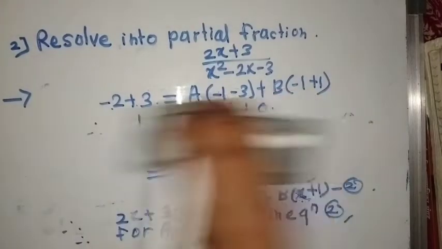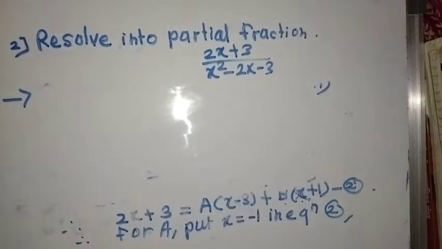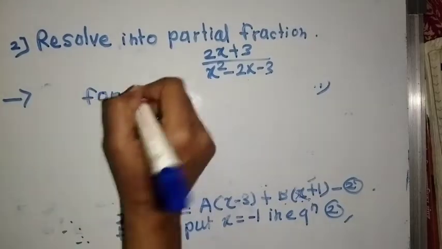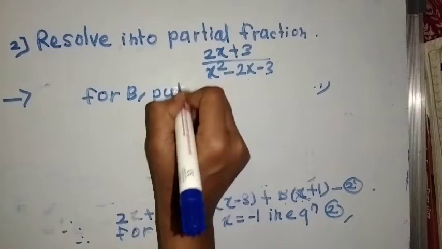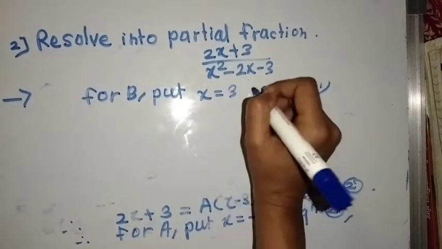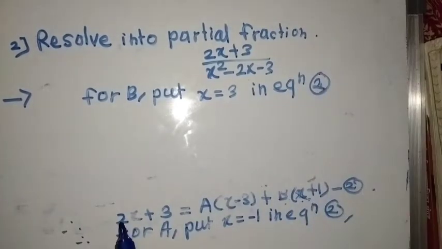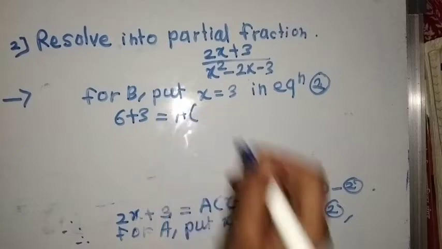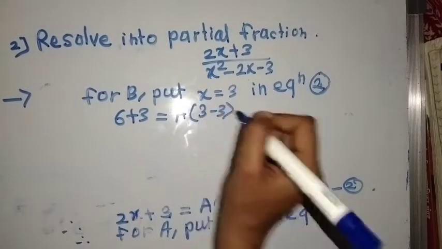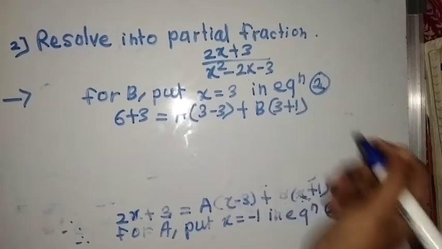Also find out the value of b. For b, this value must become 0. So put x is equal to 3 in equation 2. So 2 into 3, 6, plus 3 is equal to a(3 minus 3) plus b(3 plus 1).